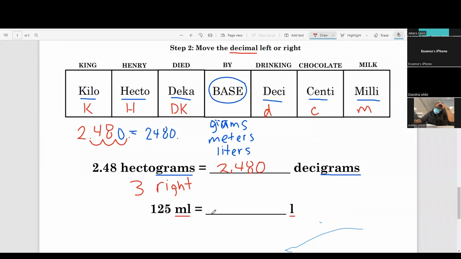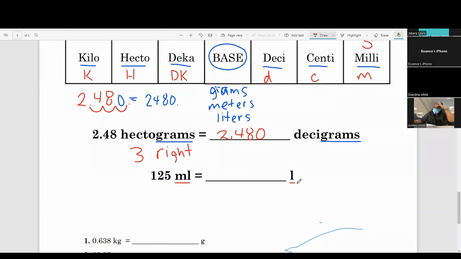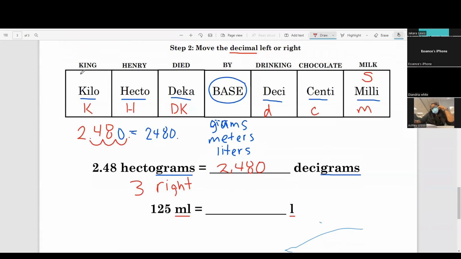So in this case, if I have ml, that means that's what? Milliliter. So I know I'm going to be starting here. Let's go ahead and mark our starting point. I'm starting at milliliters, and then I'm ending at L. So this is a trick that you guys should know. Anytime you see a letter by itself in terms of abbreviations, that's always a base unit, because all of these are prefixes.